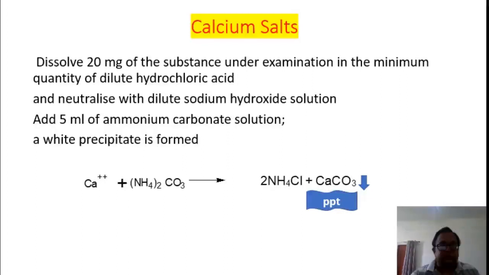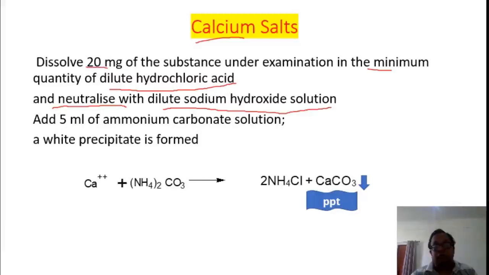In this test for calcium, we dissolve 20 mg of the substance in a minimum quantity of dilute hydrochloric acid. The solution is neutralized with dilute sodium hydroxide solution.